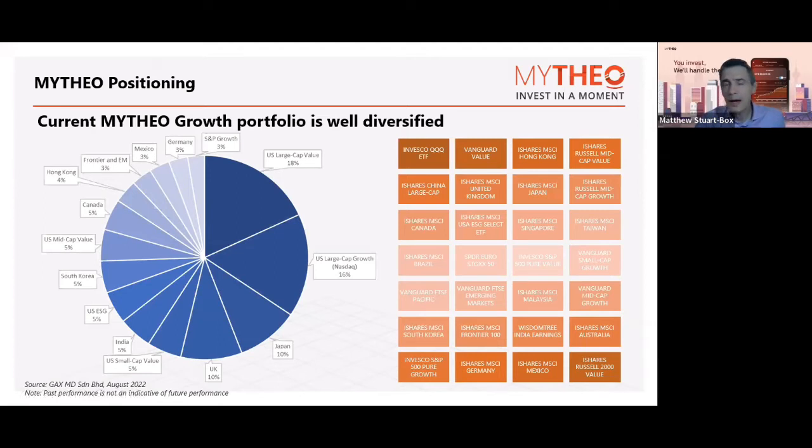And even within the US, it's not just a generic S&P 500 position. Actually, the US market is a bunch of different markets altogether. So we have, for example, a value-focused ETF and a growth-focused ETF. These two together give us exposure to most of the US large cap. But there's also a very important small and mid cap element to the US market, so we have positions in small cap and mid cap, very different parts of the US market.